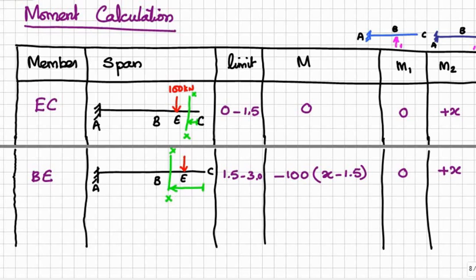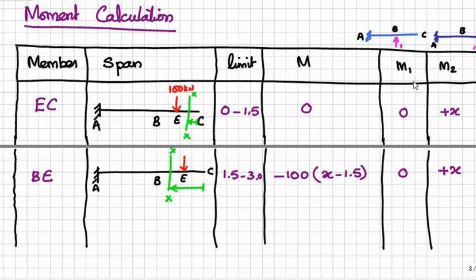On the right side of the section, we have only one external load, which is 100 kilonewton, acting at E point. It is acting in the downward direction, therefore it is a negative moment: minus 100 into the distance between E point and the section. Since we are measuring from C point, this distance is x minus 1.5.